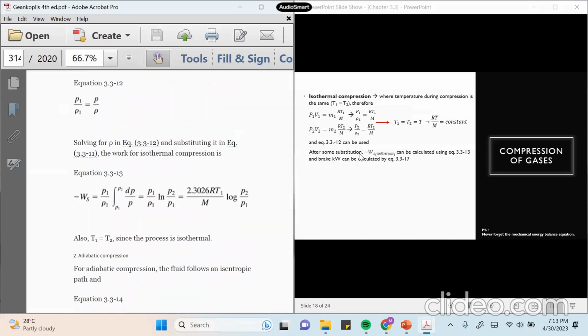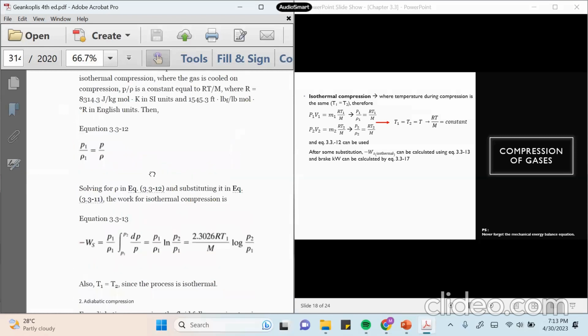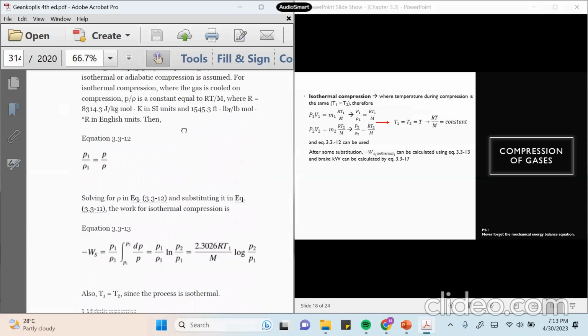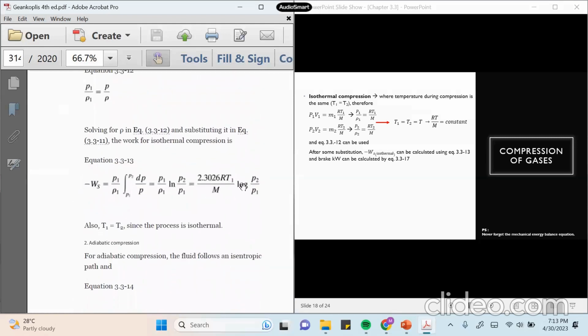Okay, after some substitution, we can get that the minus Ws during the isothermal compression can be calculated using this equation. So we put this into this, and we can get this. It's only using simple integration.